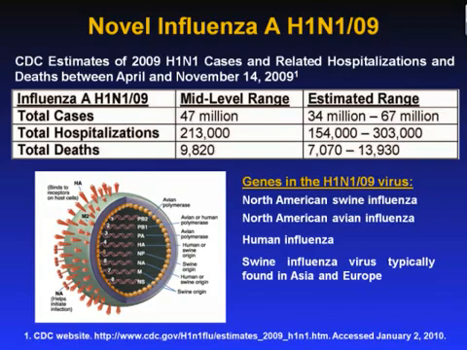The risk of illness, hospitalization, and death related to the 2009 H1N1 is very age-specific and very different from seasonal influenza. With seasonal influenza, about 60% of seasonal flu-related hospitalizations and 90% of flu-related deaths occur in people 65 years and older.